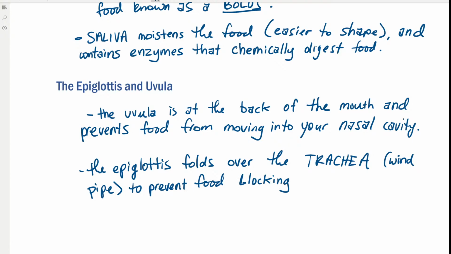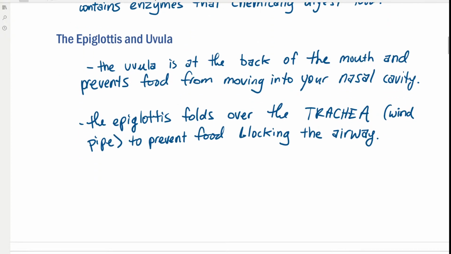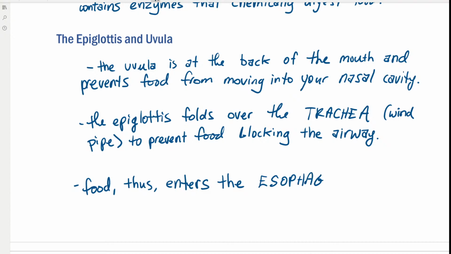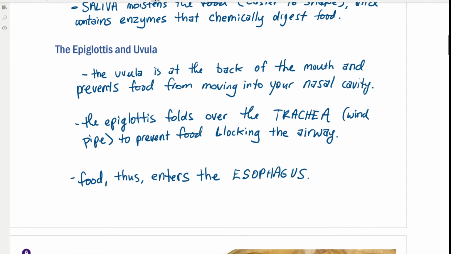That would be a better sentence. Food thus enters the tube that will take it down to the stomach, which is known as the... Anya, that's entirely correct. The esophagus. Or, if you're Dr. Brian James, my second-year anatomy professor, the esophagus. But I think it's esophagus. That's what everyone else I ever heard said anyway.